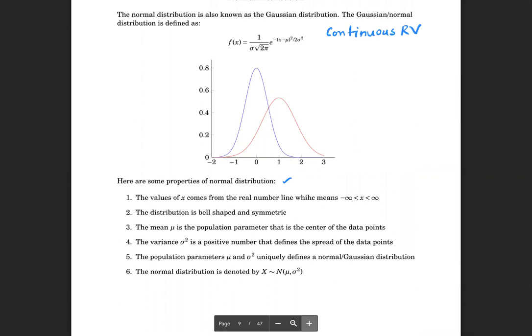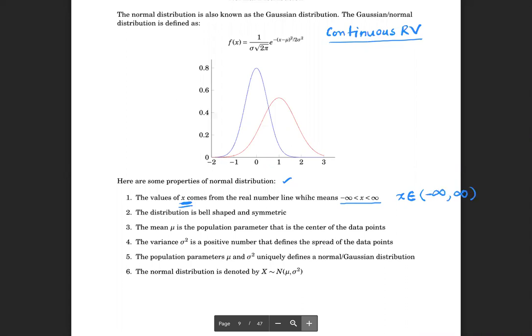The values of x, that's the continuous random variable, come from the real number line. That means it could be anything from negative infinity all the way up to positive infinity. So x is an element of, this e-looking symbol is the Greek letter epsilon, negative infinity to positive infinity.